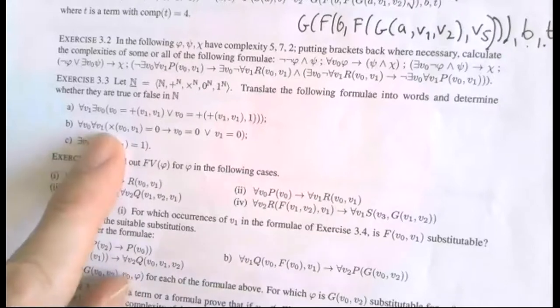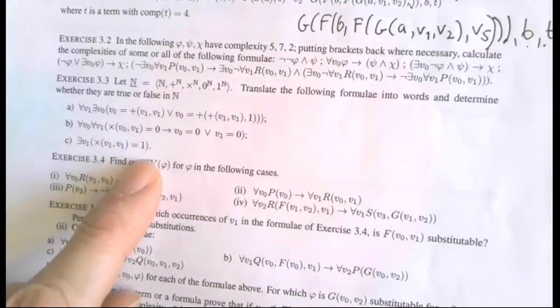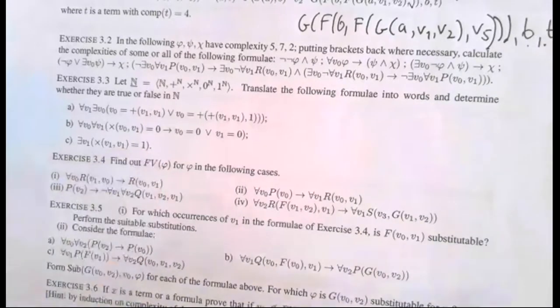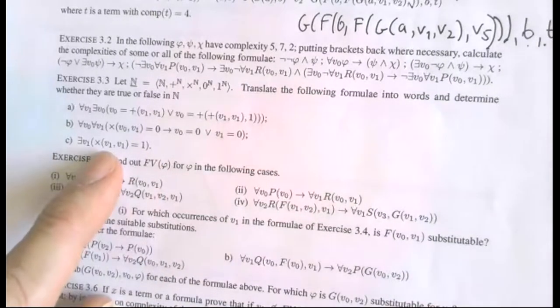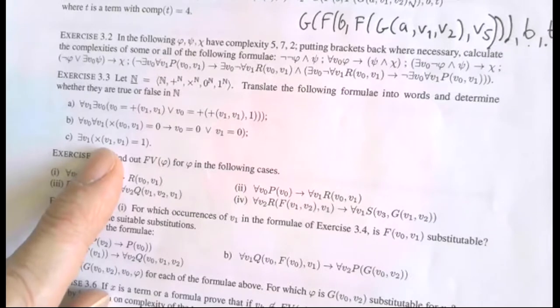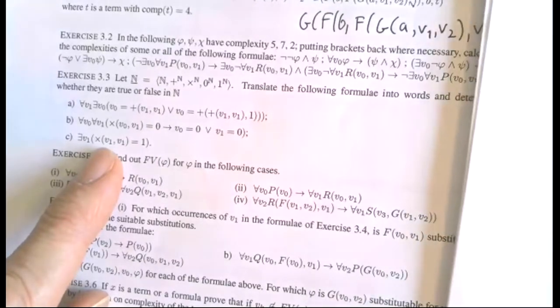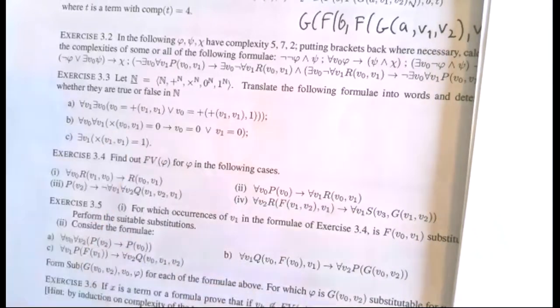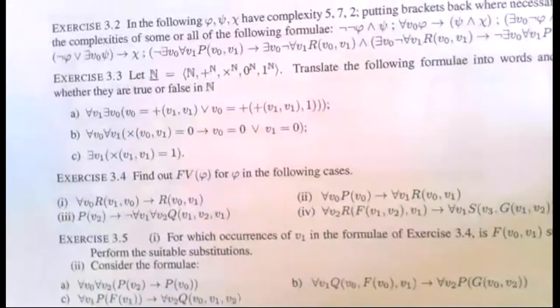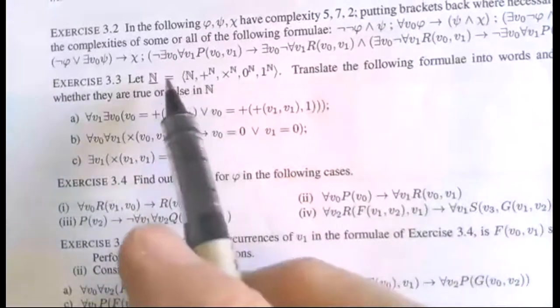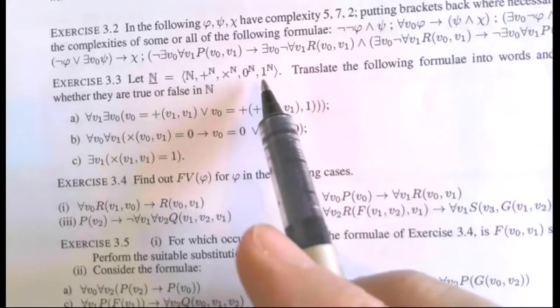So 3.3 here is, again, doing things that you may even have seen in foundations in proof in the first year, but I think also that Charles has talked about. What have we got in this first one? We've got the natural number structure.